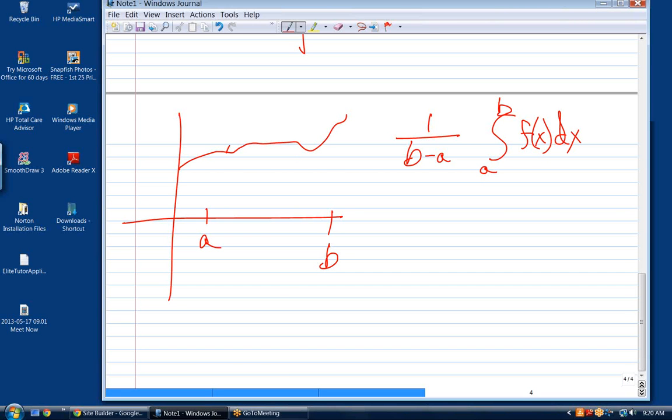Now, this is fairly straightforward. What's the average value of a function over an interval? Gets a little tricky when they say, what is the value that we have to figure out, a value between A and B, some C, that equals that value. That takes the level of difficulty a notch up.